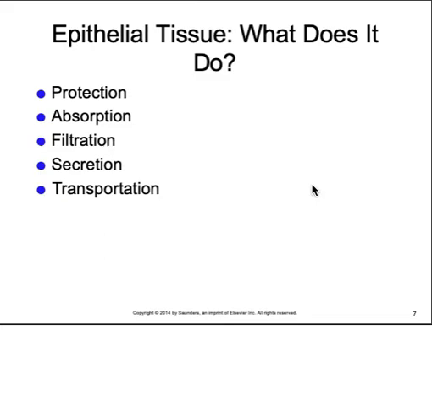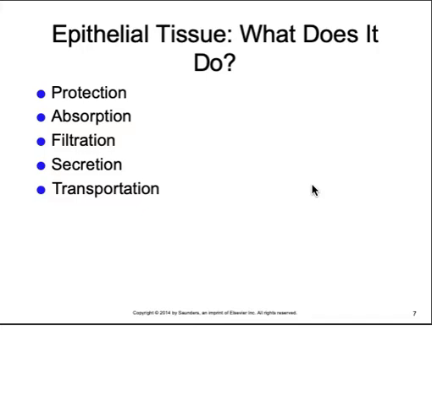So, epithelial tissue can transport material either through these teams of cells or between these teams of cells. It's found lining the lower respiratory and the lower digestive tracts. It's also found in places like the kidney, where secretion and absorption take place.